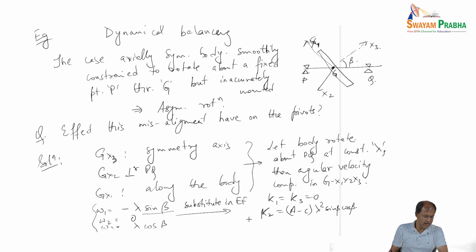In this case the applied moments are constant in the embedded frame, but they are not constant in the inertial frame or the fixed frame. Especially, let's see for example this k2.